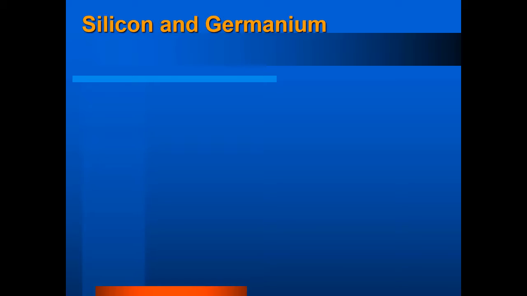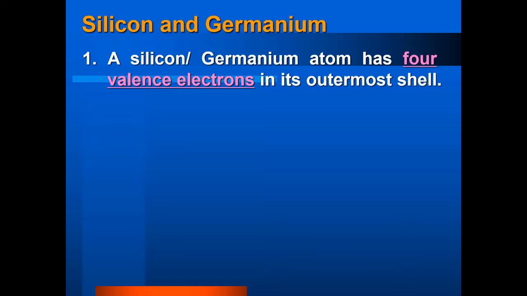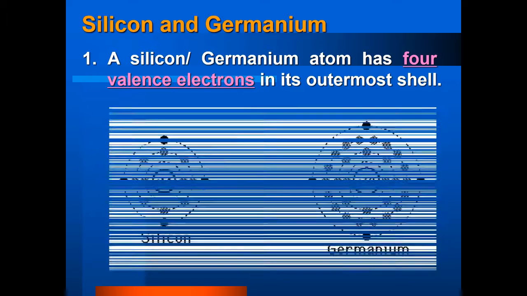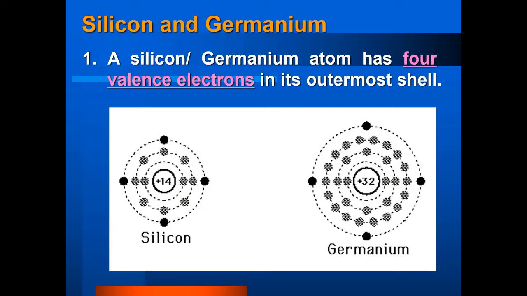So we look at the silicon and the germanium structure. A silicon or germanium atom has 4 valence electrons in the outermost shell. As you can see in the diagram below, this is the silicon and this one is the germanium atom.